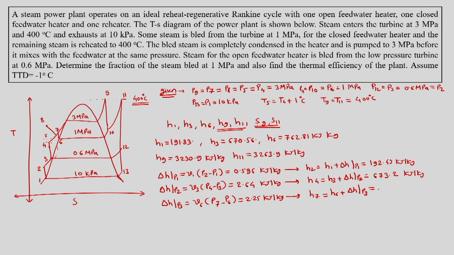So H7 will be 765.06 kilojoule per kg. So we have got most of the enthalpies.